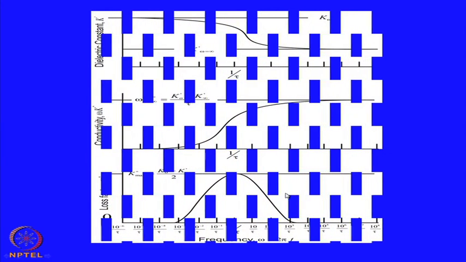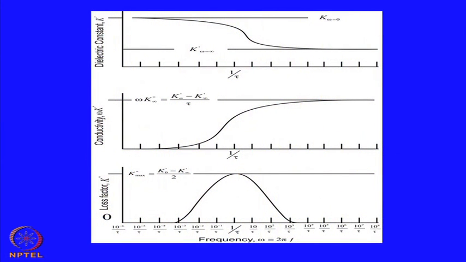Now, if you plot these parameters, three parameters have been plotted here. One is the dielectric constant, which is proportional to, here plotted as, k prime, which is also proportional to epsilon prime, used in the equation previously. So, this is either k prime or one can say epsilon prime.